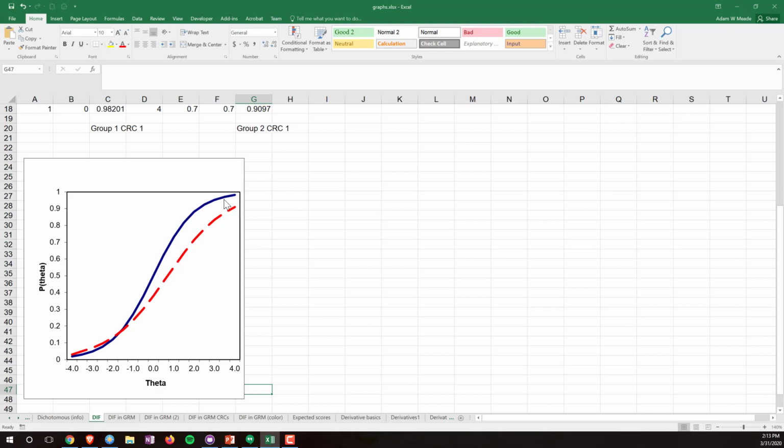And to get a graph like this, each group's data was slightly different, and the A parameter and the B parameter for the two groups were estimated such that they were optimized for each group. In other words, for the blue group here, the A and B parameters were optimized such that they best fit the empirical data for that group, right?